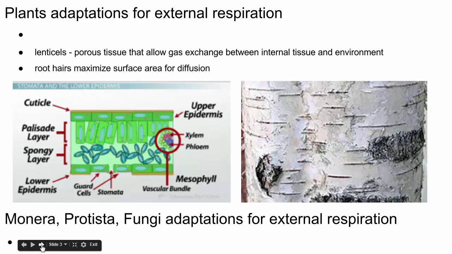All right, so we'll talk about various organisms and how external respiration works in these organisms. Obviously plants need oxygen, and plants need carbon dioxide. One important structure related to that gas exchange is one we've already talked about, the stomates, or stomata, and the guard cells.